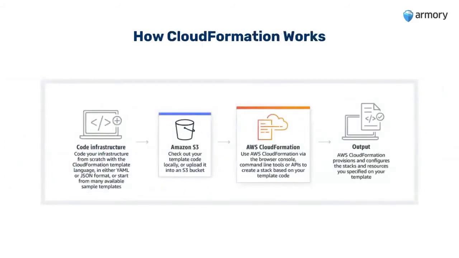So how does CloudFormation work? Well, you code your infrastructure from scratch with the CloudFormation template language in either YAML or JSON. You start from many available sample templates, and then you put your CloudFormation templates into an S3 bucket, and then you run CloudFormation. And once again, you can run it from the command line, from an API or from a console, and then you get output.